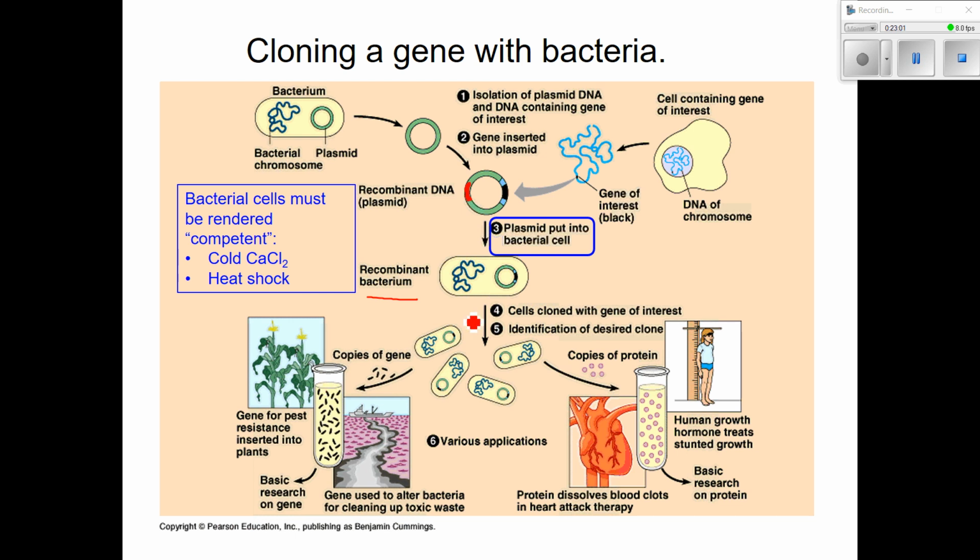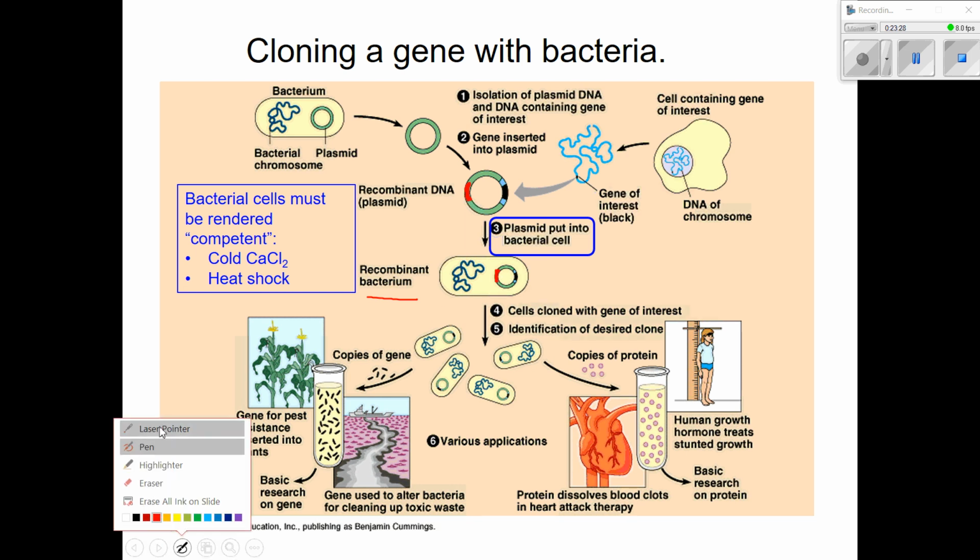But any bacteria that has taken in the plasmid, not only does that bacteria have the human insulin gene, it also has that other gene, remember, that we put on the other side of the plasmid, the ampicillin resistance gene. So this bacteria can survive in the presence of ampicillin.